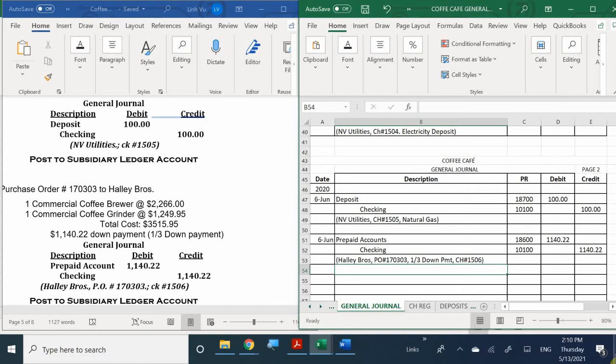I've completed my journal, right? I wrote my check. I inserted my purchase orders, right? I sent it out. So now everything looks good. Okay? So now I need to go to my ledger. Okay? So that was all one transaction.